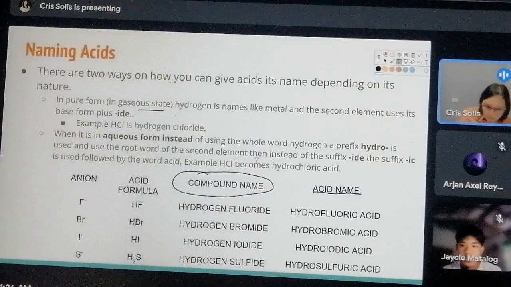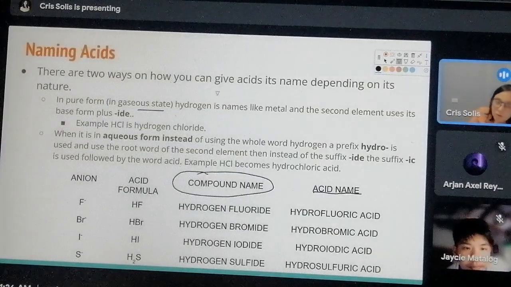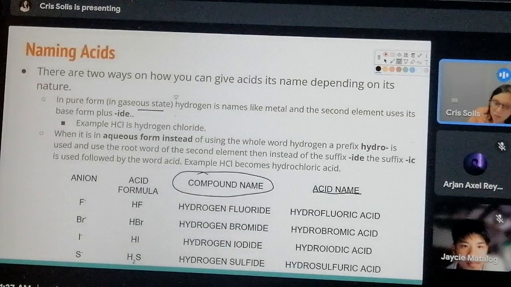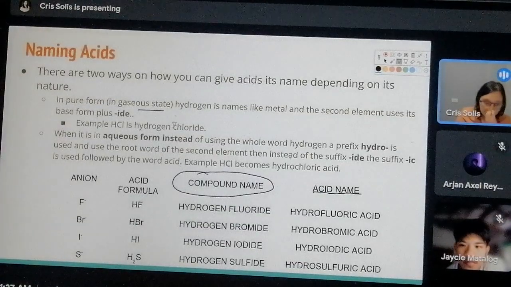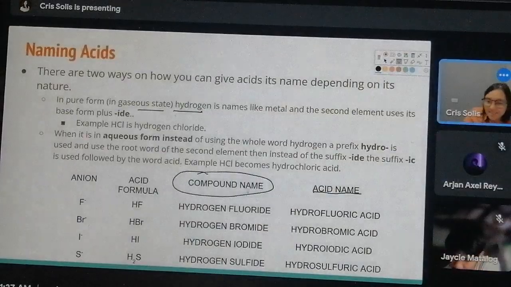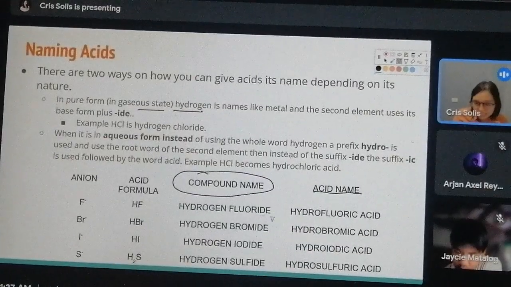So what's the difference between the two? If we're going to use the pure form or the gaseous form, we just simply add the word hydrogen, and then for the second element, your nonmetal, you just simply get the root name, yung base niya, and add the suffix -ide.